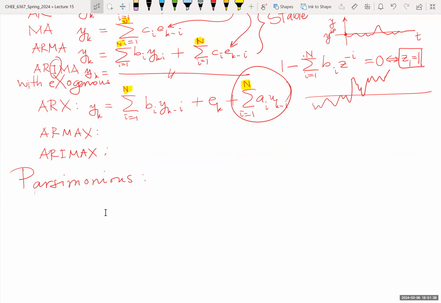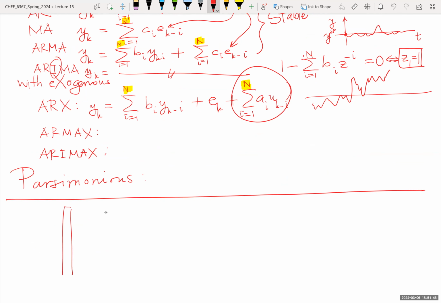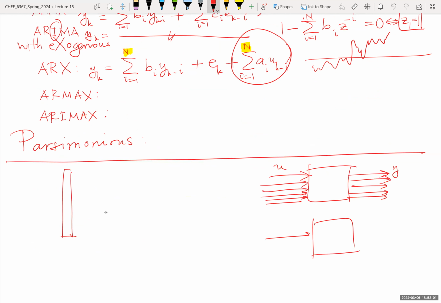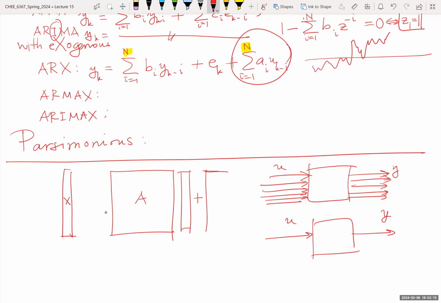In fact, things get even hairier if you have what example 2 shows on page 7, which is a state space model. Now you have input u, which is perhaps even a vector, and output y, which is a vector. But even if you have a single input and a single output, state space models are still important because they capture higher order dynamics. And you have a state vector, you have a matrix here, and you have the state vector, and then you have another matrix here, along with the input vector.